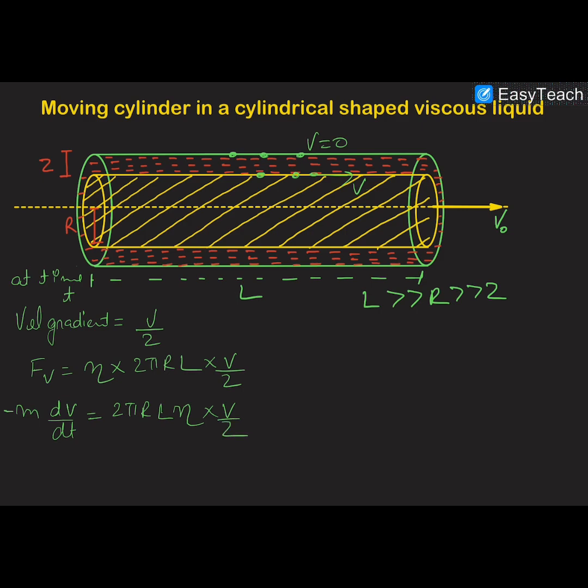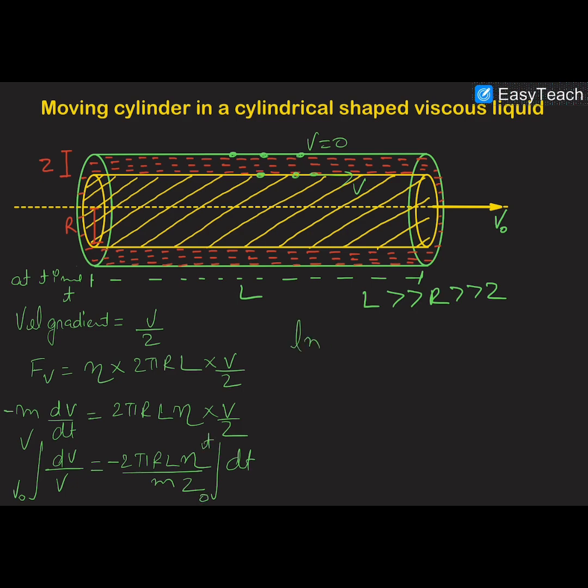So we can say that dv upon v will be equal to 2 pi r l eta divided by m z into dt, and integrating both the sides, the limit of v will be from v0 to v, and the limit of time will be from 0 to t.